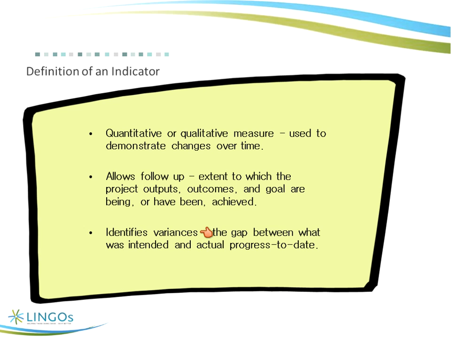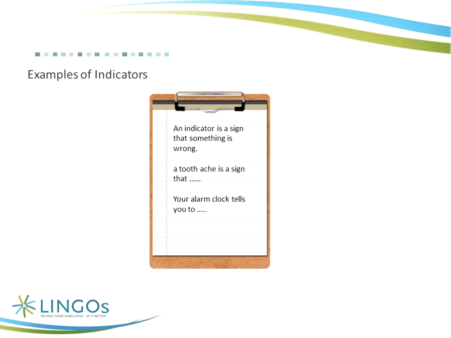They're the essence of trying to identify variances. You don't know whether or not you have variances unless you have somehow baselined where you're starting and then measuring on a regular basis where you are at a certain point so that you know whether or not you're accomplishing what you wanted to, whether or not you have a gap between what was intended and what your actual progress is. So the indicators are extremely important.